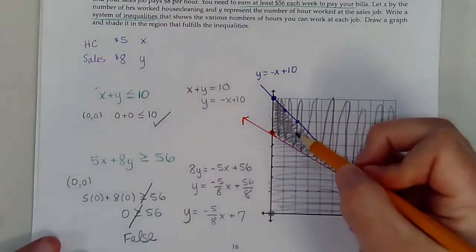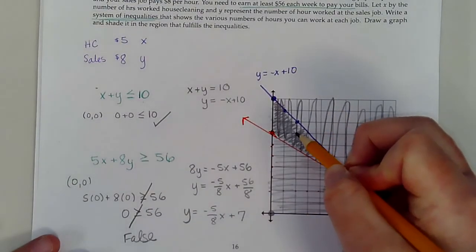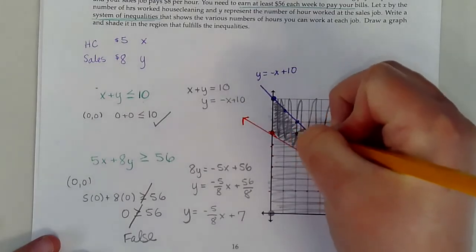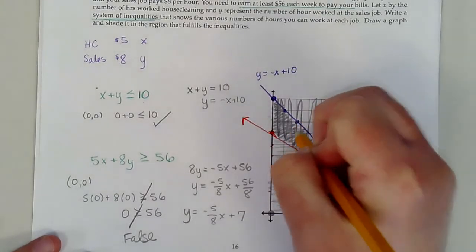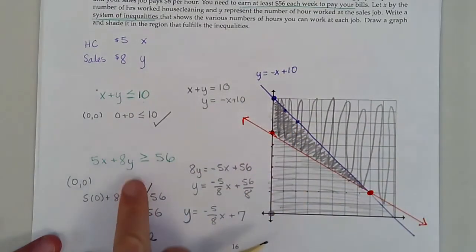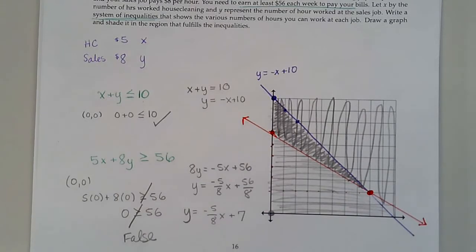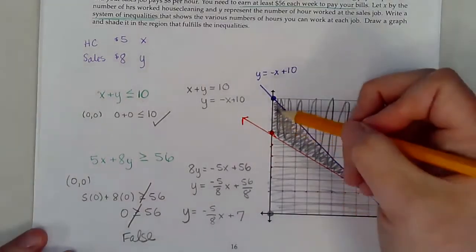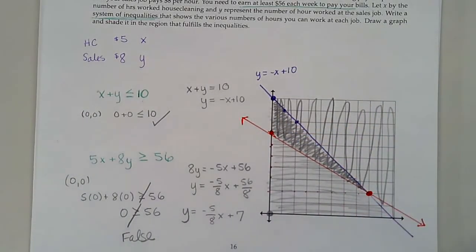So for example, if I work 2 hours at house cleaning and I work 7 hours at sales, I will still stay under the 10, but I'll make more than that $56. Okay. So the solution to an inequality is a whole series of points. And so in this case, it's any of these points that are in that shaded region.